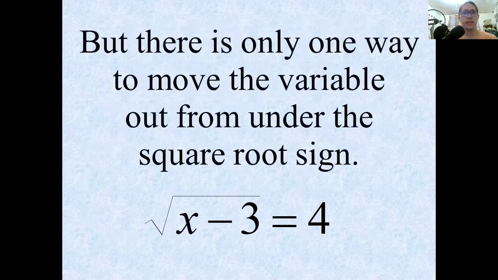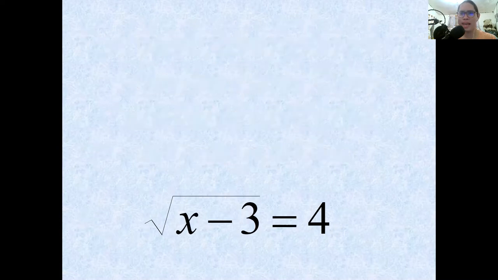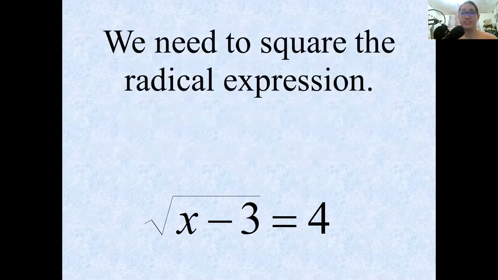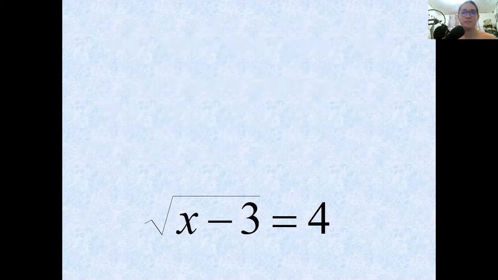But there is only one way to move the variable out from under the square root sign. What is it? We need to square the radical equation. Square both sides of the equation to remove the radical sign.